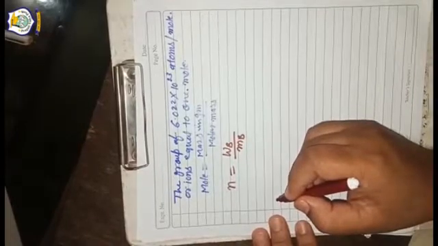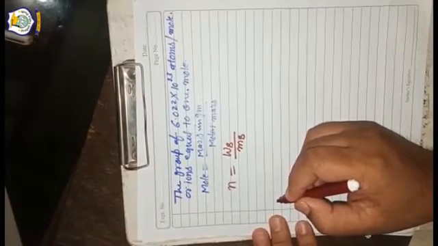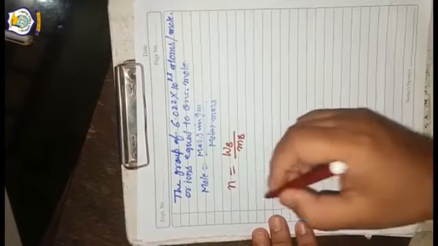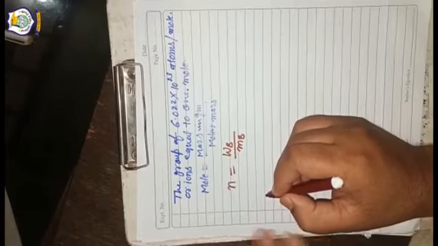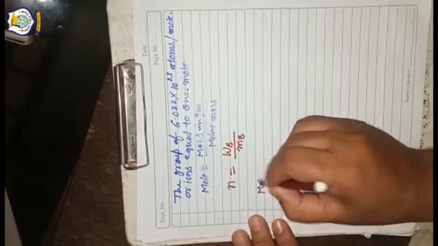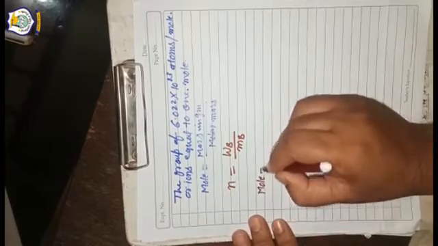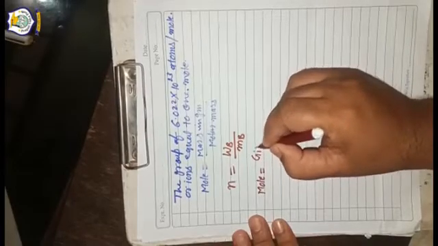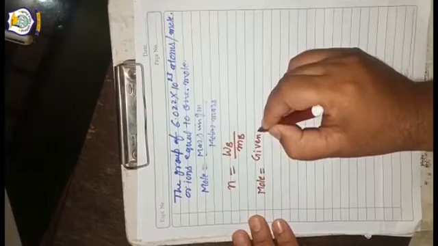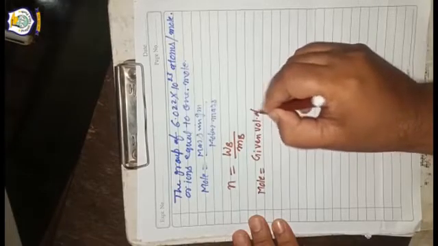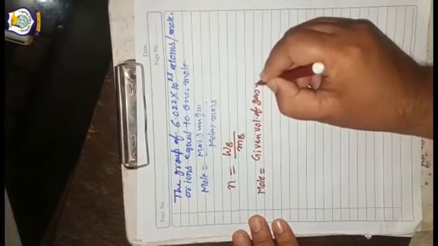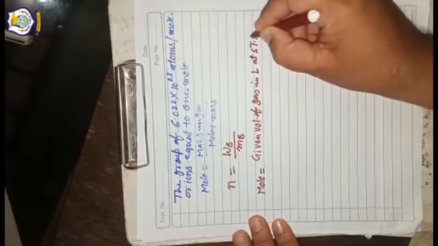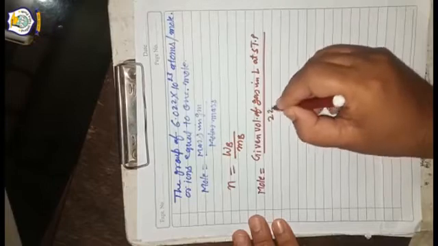If the volume of gas is given, then the following formula is used for calculation of mole. Mole equals to given volume of gas in liter at STP upon 22.4.